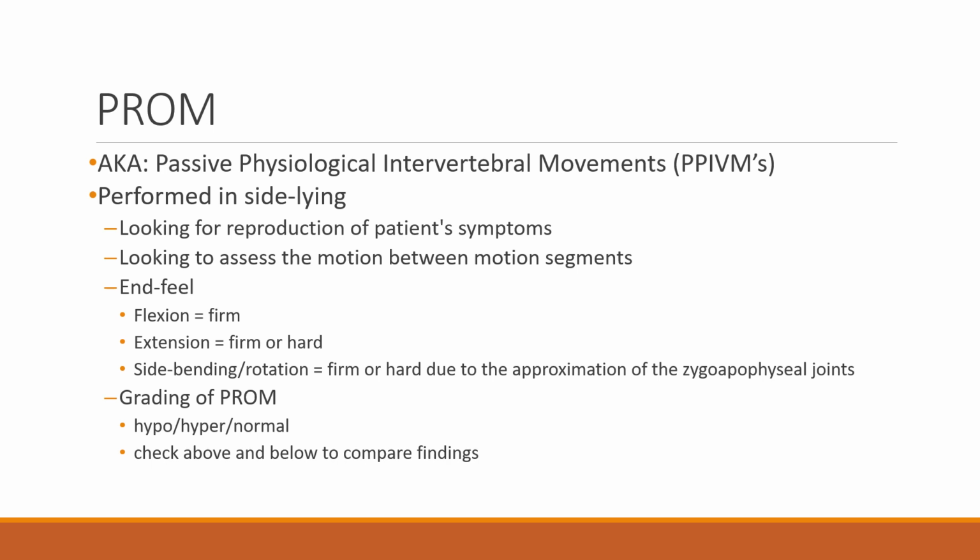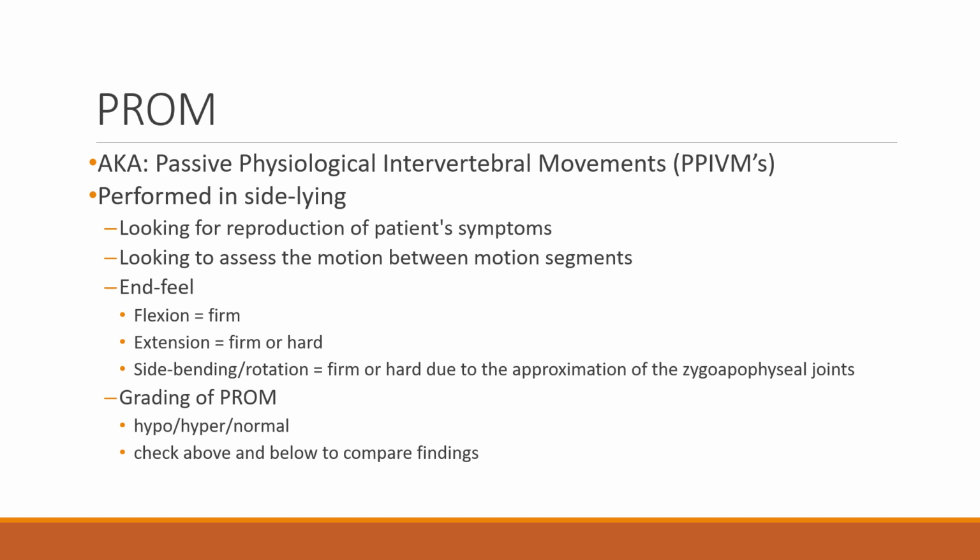And so when we do these passive physiologic intervertebral movements of the lumbar spine, they're going to be done in side lying. Typically, we're going to look to reproduce the patient's symptoms, and we're really going to assess movement between different segments of the lumbar spine. We can assess end feel.